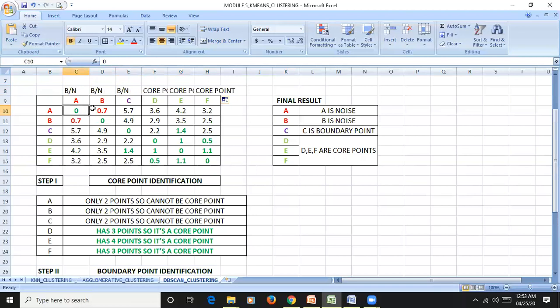Apart from this 0, just come across with your C. Which is the least point? 1.4, with respect to E. E has already been visited, so I come to the conclusion that it's a boundary point, because 1.4 is already traced. A boundary point has to be near a core point, so then you can say that it's a boundary point.